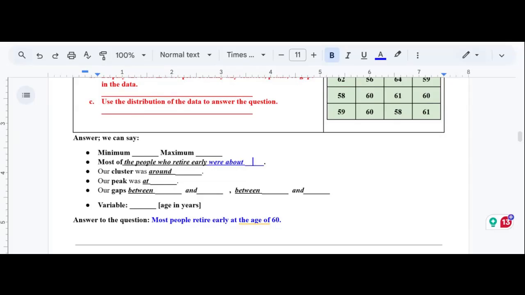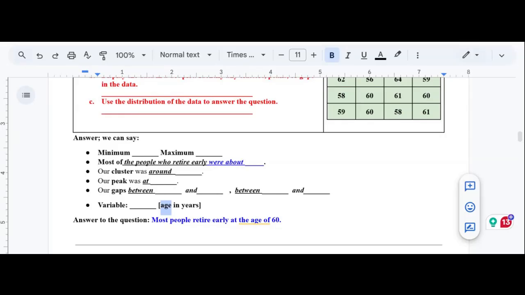What's the variable here? The age, because that's what we're looking for. It's the longer gap here, from 56 to 60.